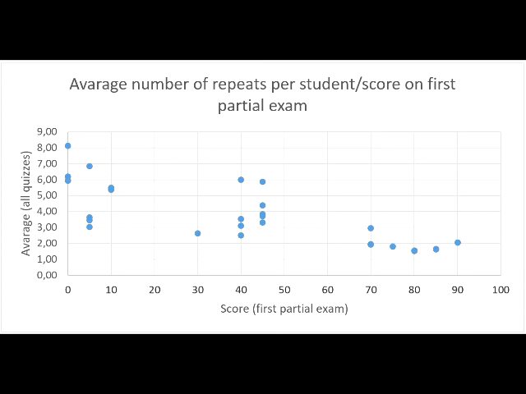What is interesting to see is that group 3 had averages above 3 and group 1 had averages below 3. We can see a close relation between the average number of repeats and the result achieved on the first partial exam.